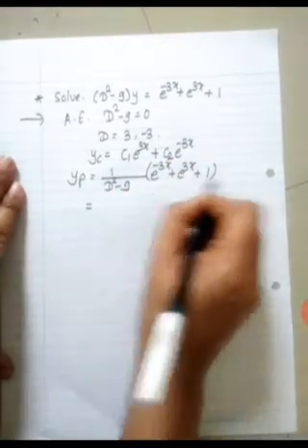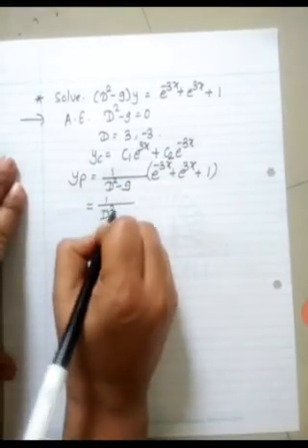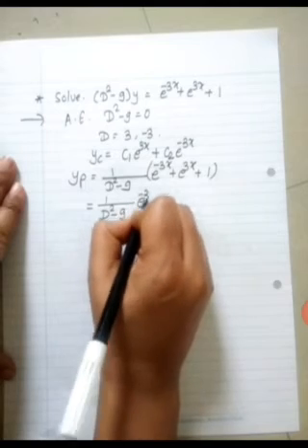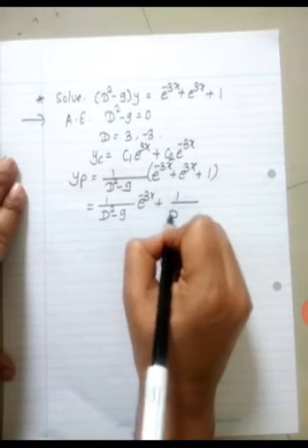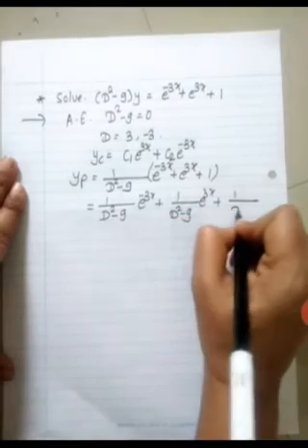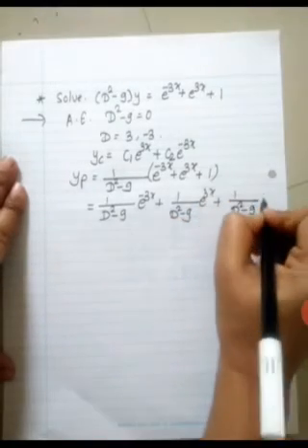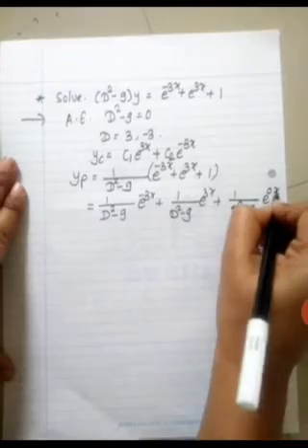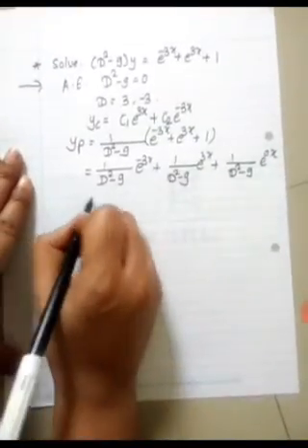As all are plus, we'll separate all of them. Plus 1 upon d square minus 9 into e raised to 3x, plus 1 upon d square minus 9 into 1, that is e raised to 0x. Solve it.